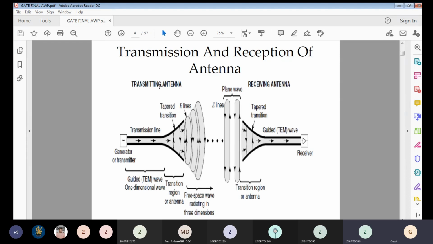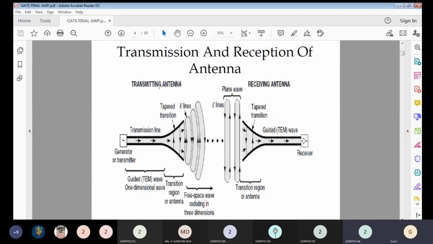As you know, polarization is nothing but the orientation of the electric field with respect to earth. Generally, we use circular polarization for our antenna wave propagation; circular wave polarization is used to transmit the signal from transmitter to receiver.